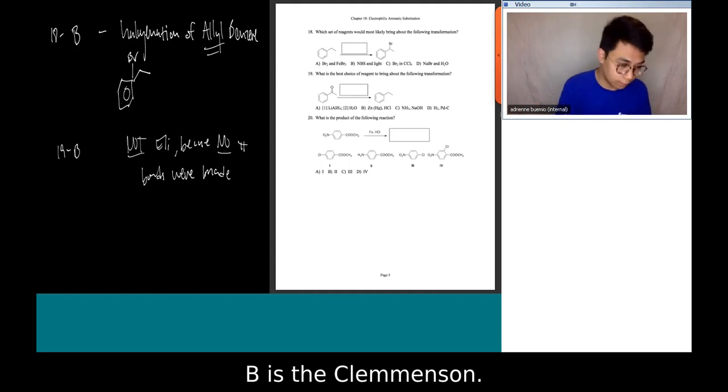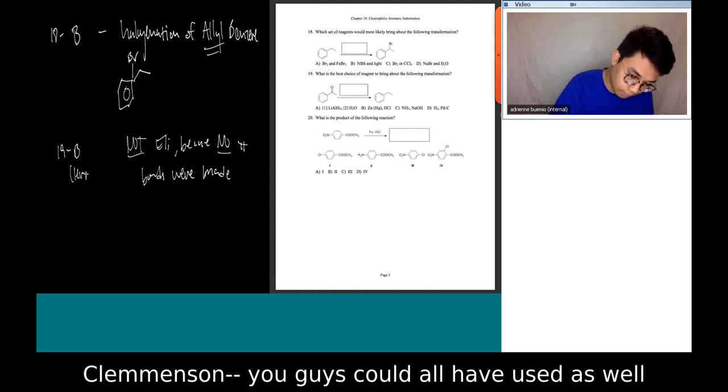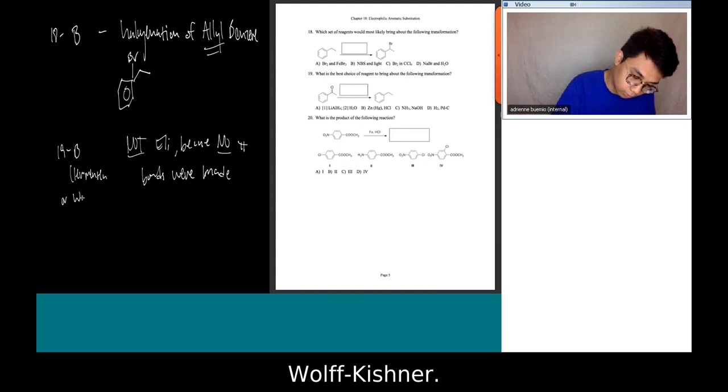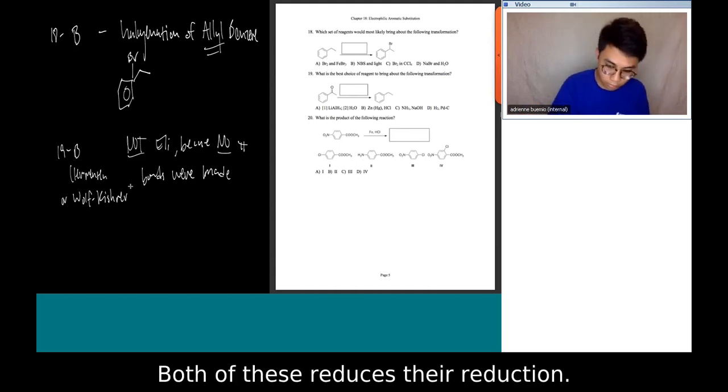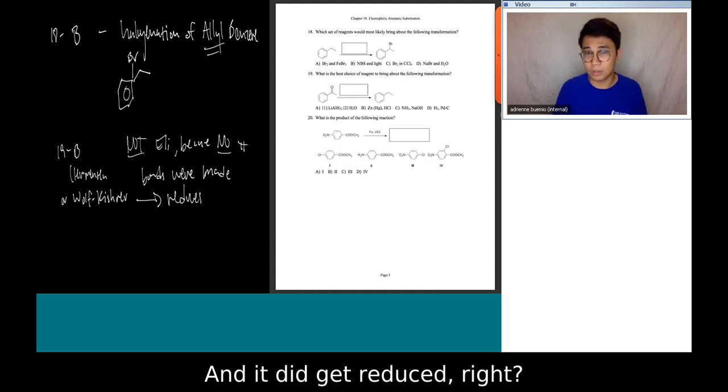B is the Clemmensen, which you could all have used as well, or Wolff-Kishner, right? Both of these are reductions. So they reduce, and it did get reduced, right?